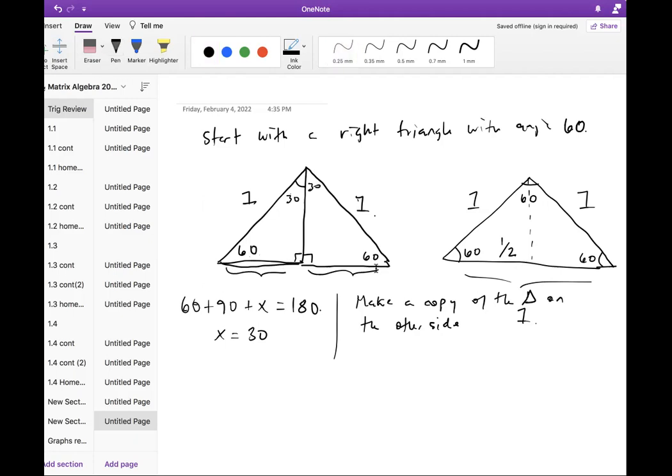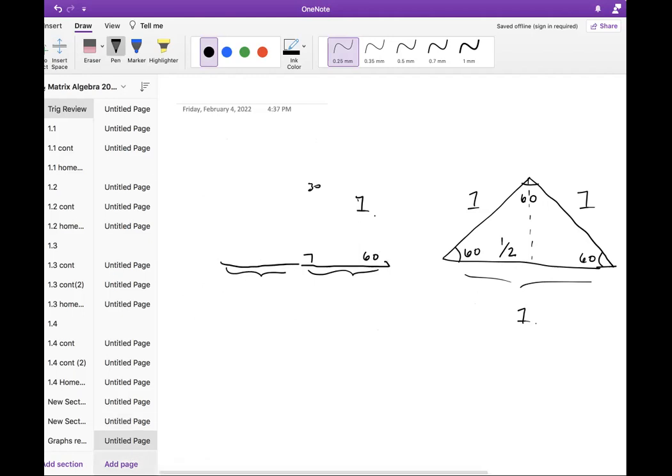Since I know that all the sides of the big triangle must be 1, then the half of it must have been half of 1. Is that clear? There's only one choice for that side length. So we can use the Pythagorean theorem to figure out the other side.